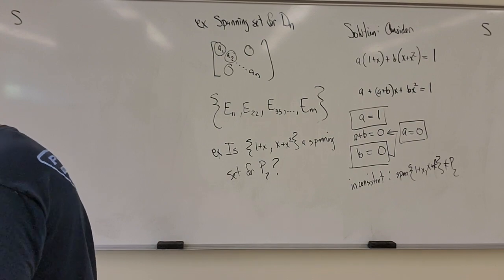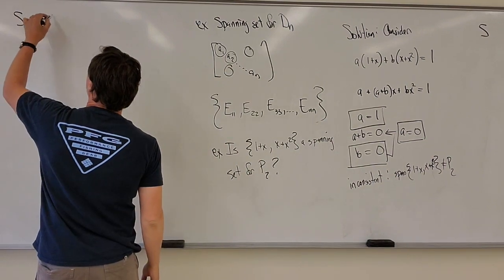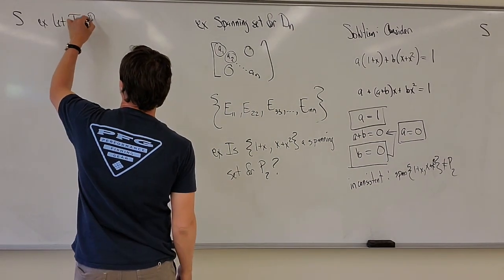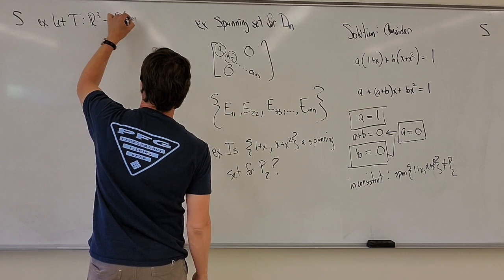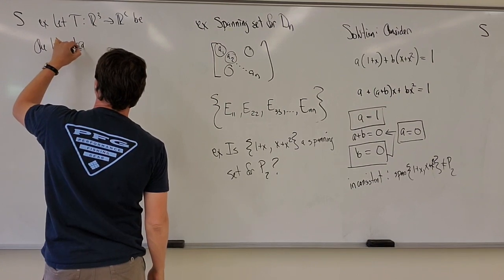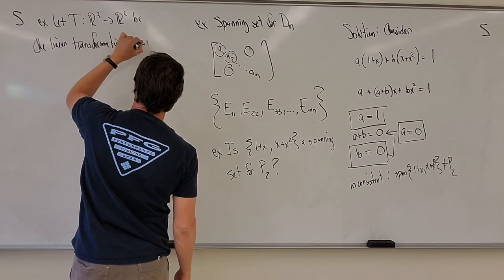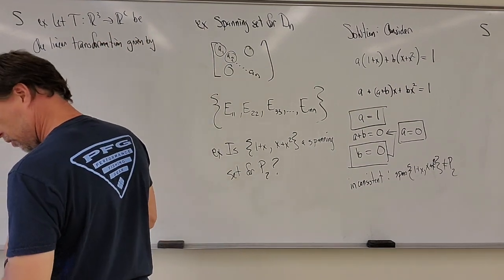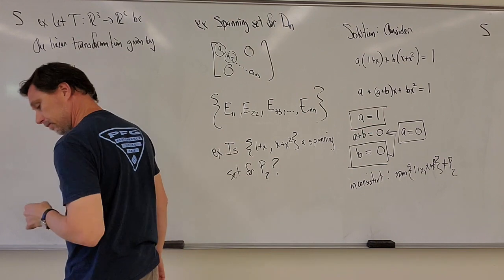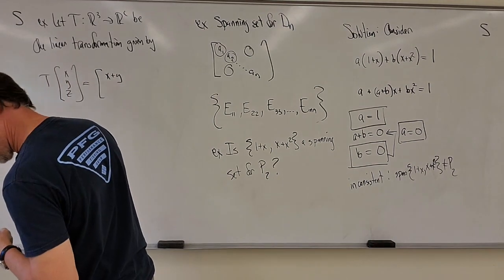Okay, so I want to do, let's go there, 2 more examples. So the next one, let T from R3 to R2 be the linear transformation given by, so here's our formula, T of the vector x, y, z equals x plus y and y plus 3z.